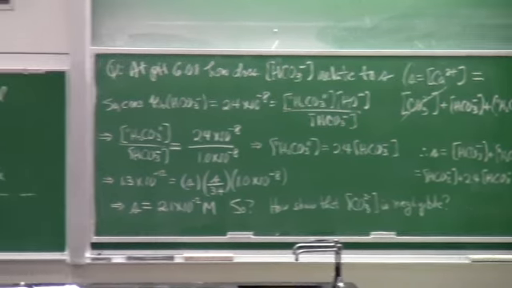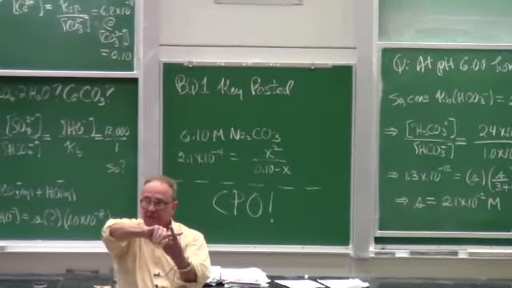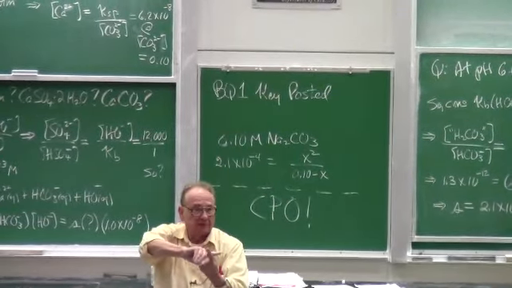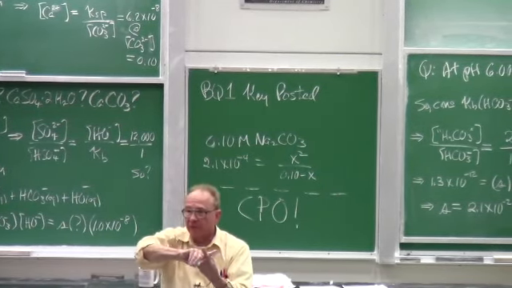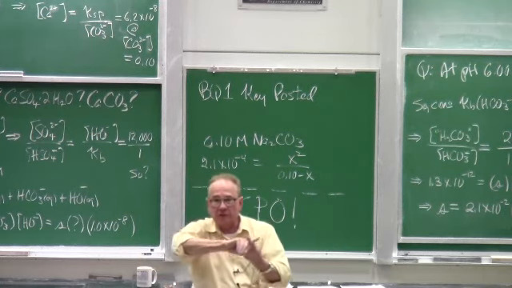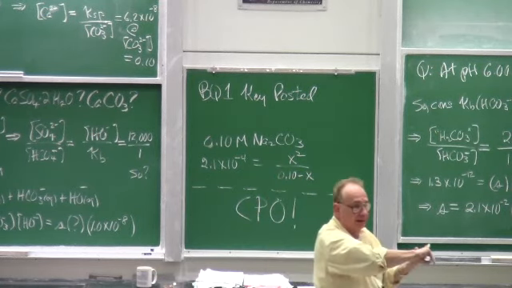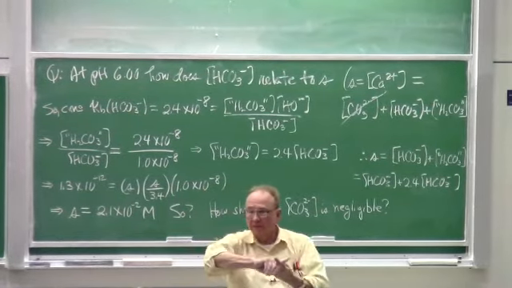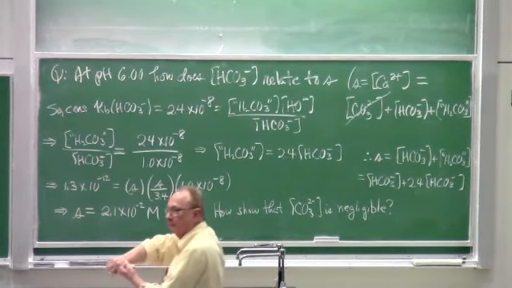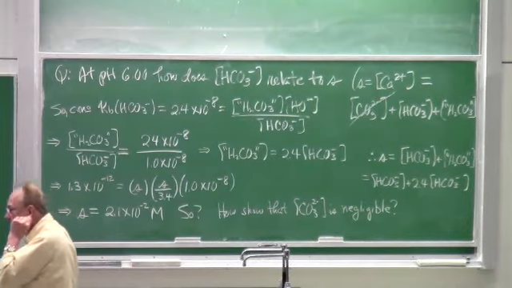Like pH 6. So if we recall that the molar concentration ratio of bicarb to carbonate is 210 to 1 at pH 8, what is it at pH 6? Come on. Tell me.